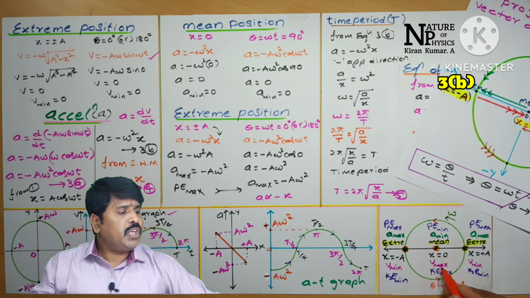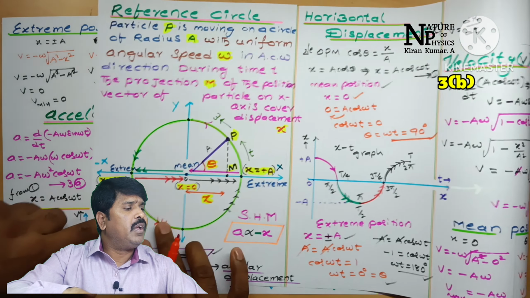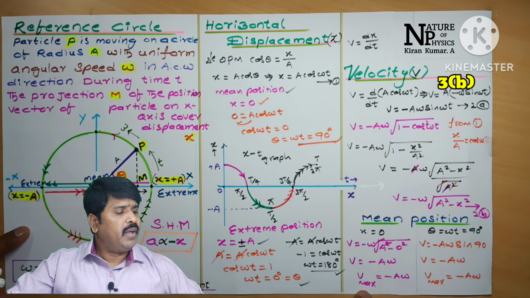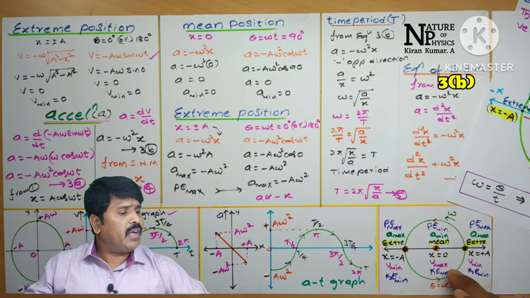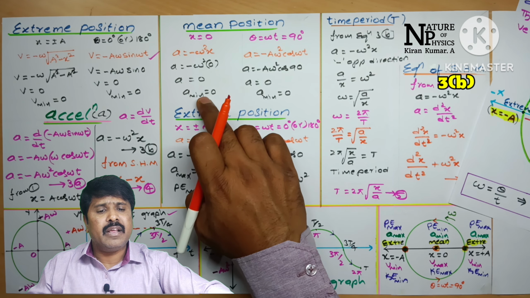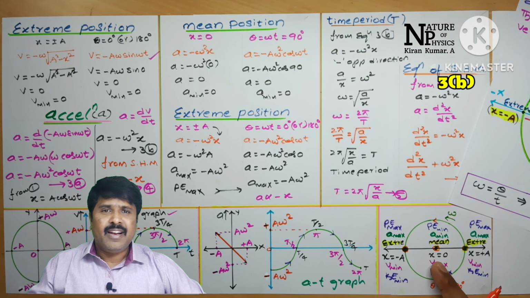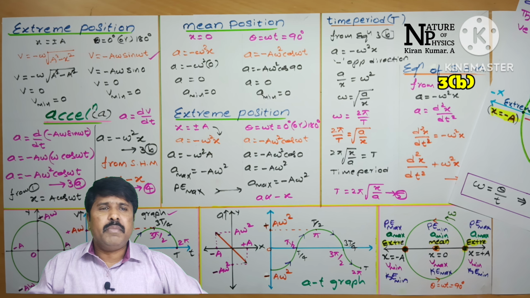Okay, at mean position, velocity is maximum. Vmax is equal to minus a omega. So that whenever velocity is maximum, kinetic energy is also maximum. And at mean position, acceleration is minimum, clearly represented. That's why potential energy is also minimum.